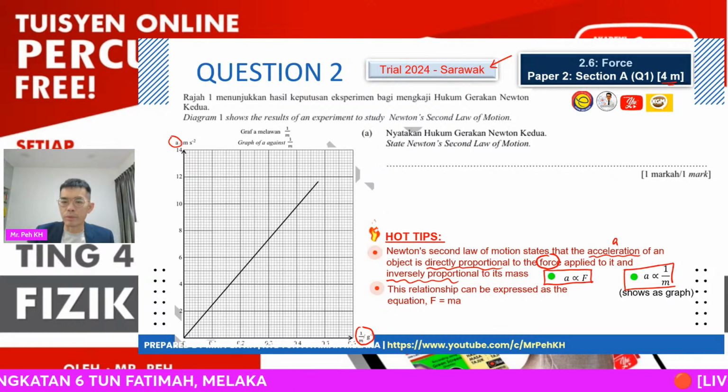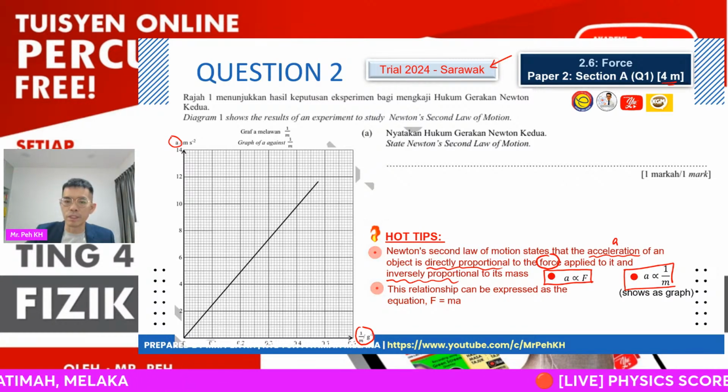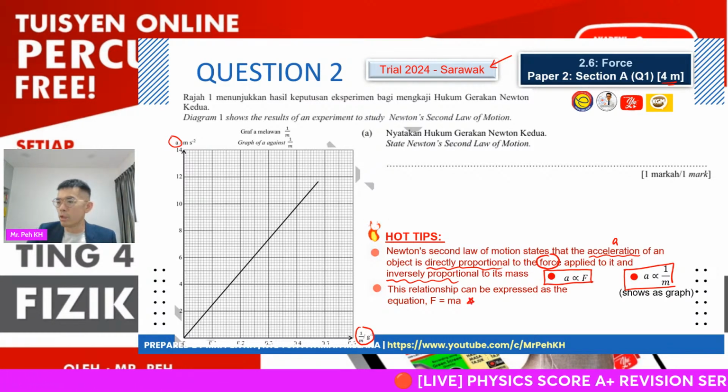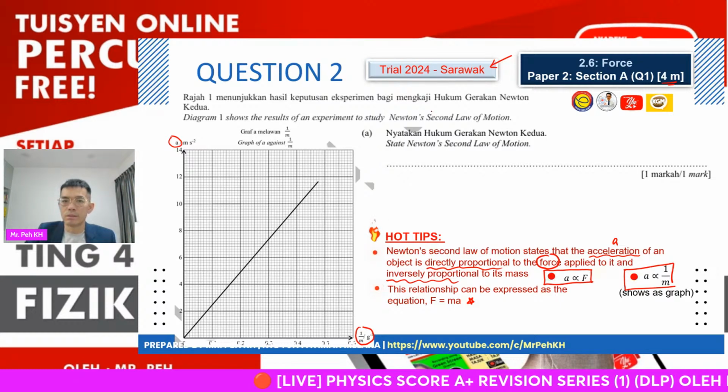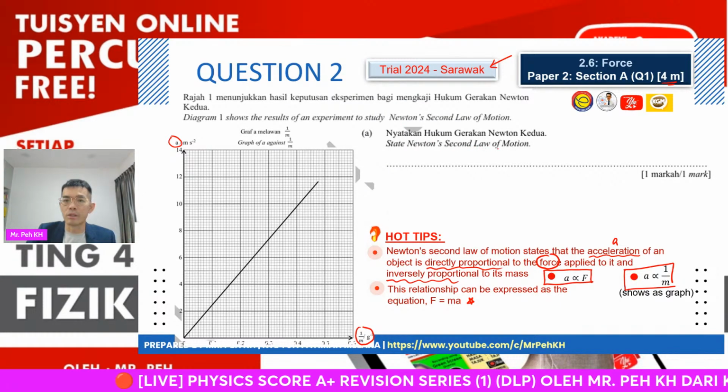The relationship can be expressed as F equal to ma. So this is the formula we are going to use in Newton's second law of motion.